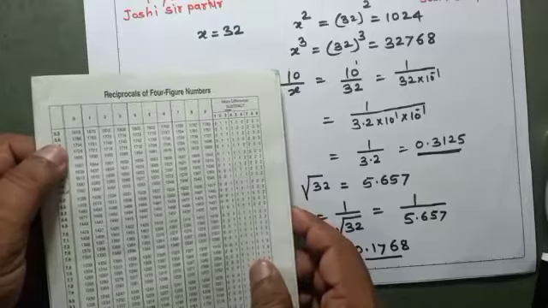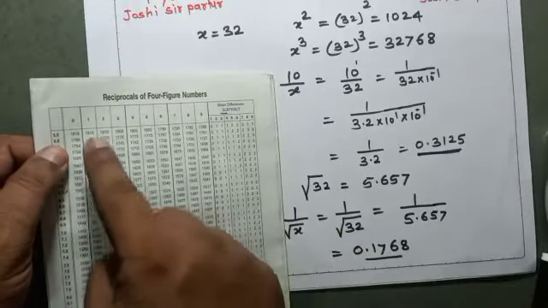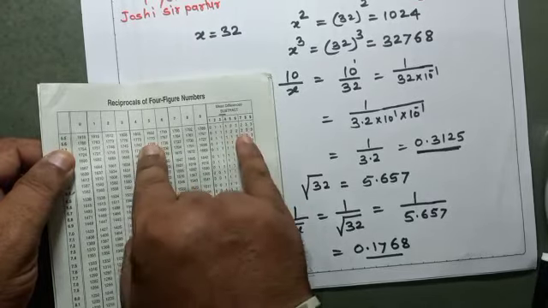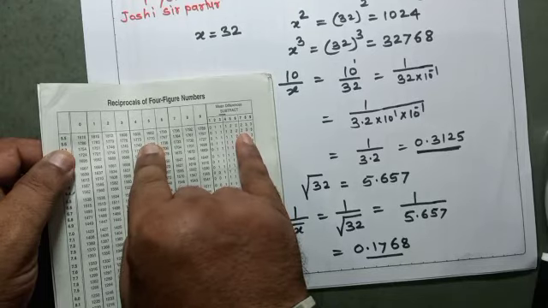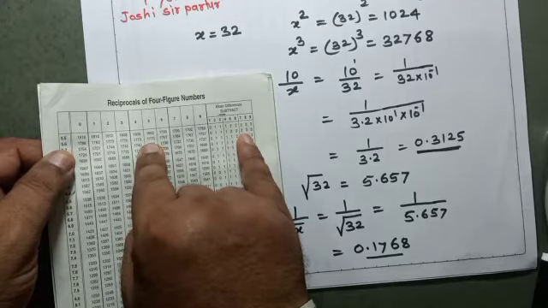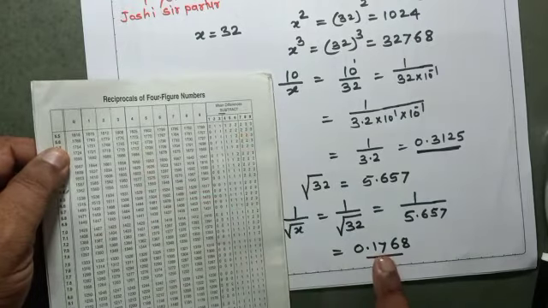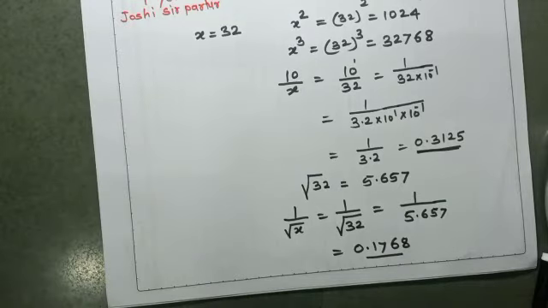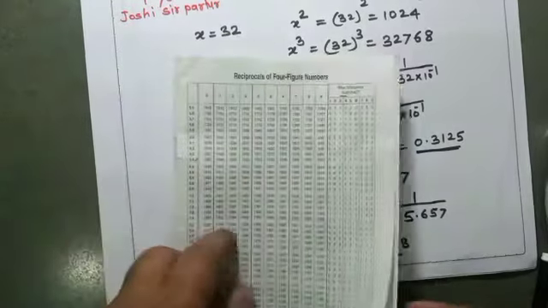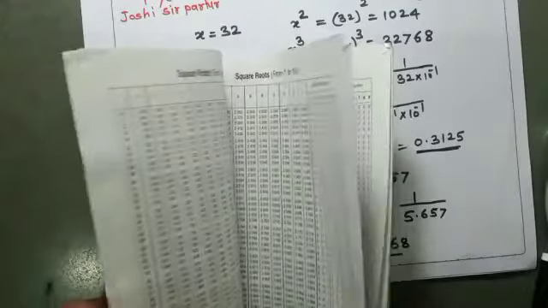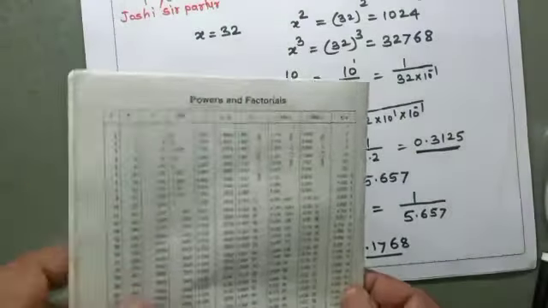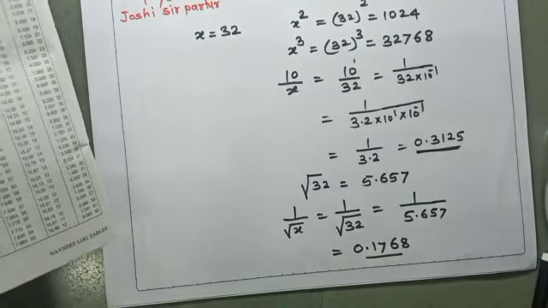In column 5 it will be 0.1770, and the mean difference is 2. Mean difference 2 is subtracted from 70, it will be 68. So your answer will be 0.1768. Means both ways, using powers and factorials as well as using reciprocals and square root, we can solve the numerical.